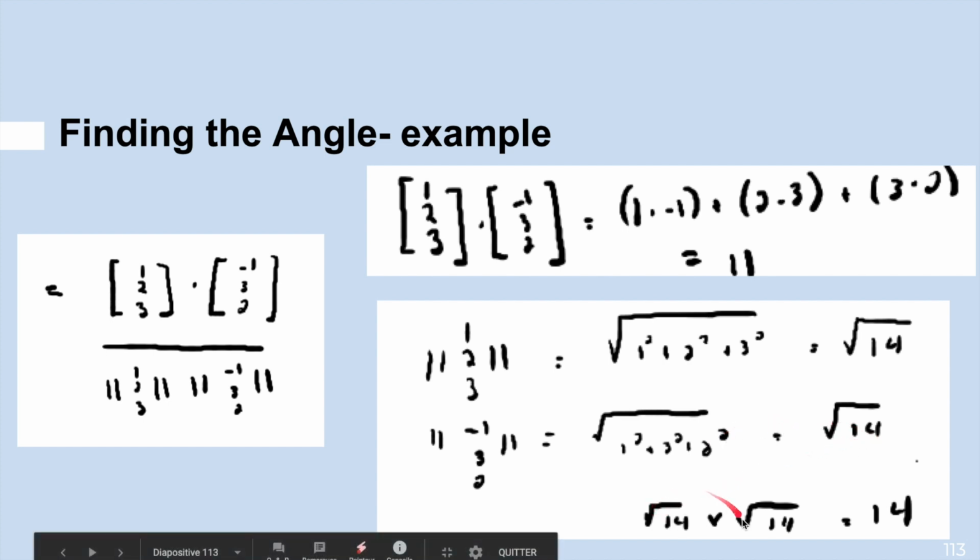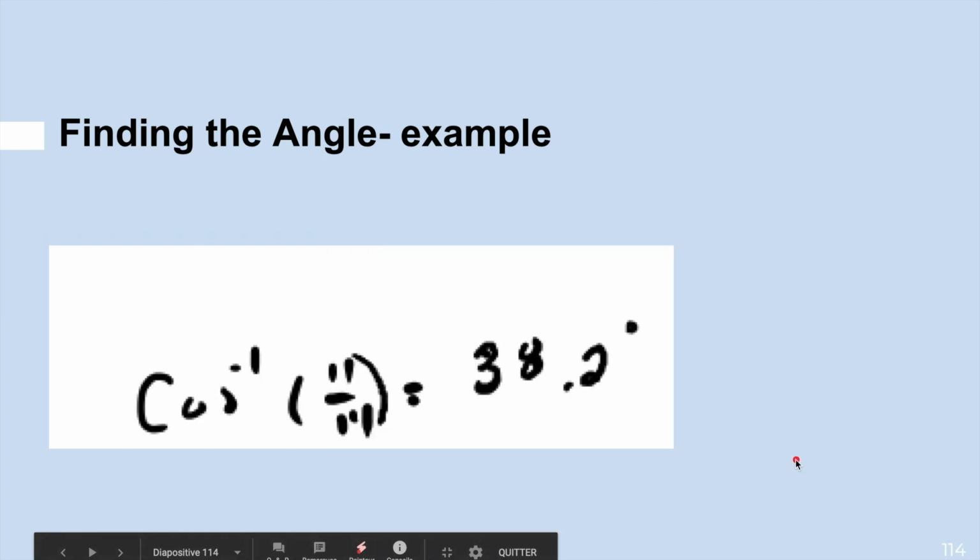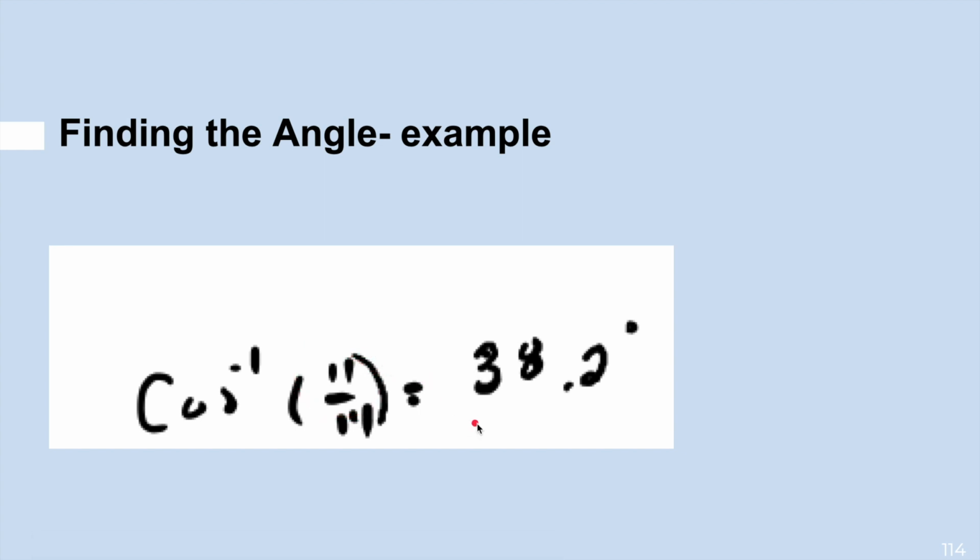Now we multiply these together, square root of 14 times square root of 14, just equal to 14. The last thing we do is we divide our top by our bottom, so 11 divided by 14, and we take the arccos, so cos minus 1 of this, and we have 38.2 degrees.